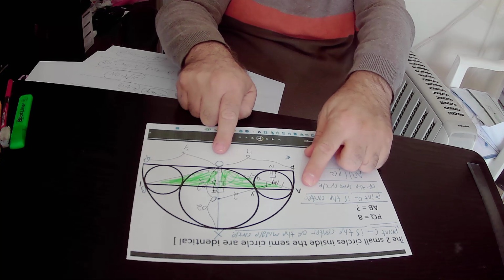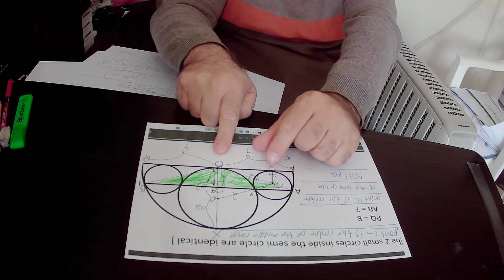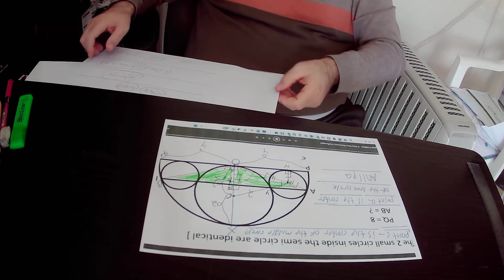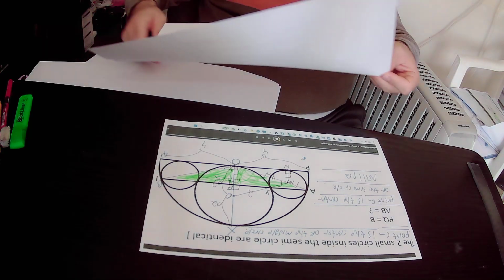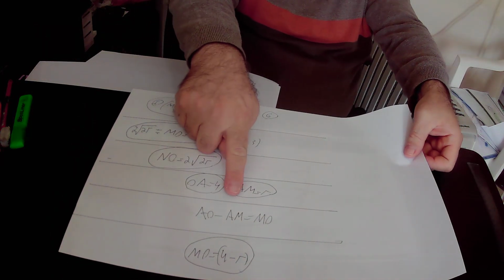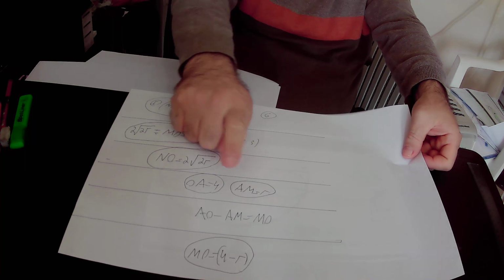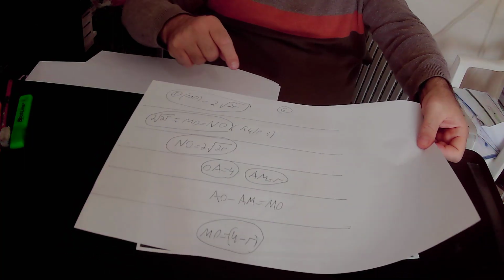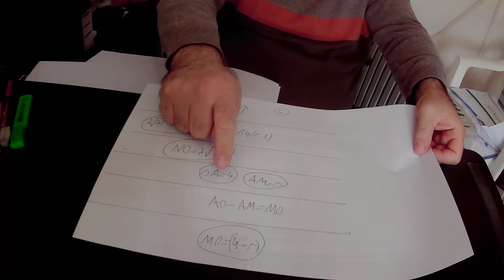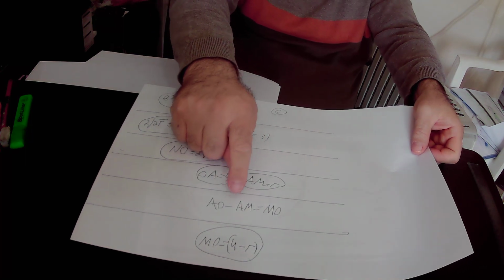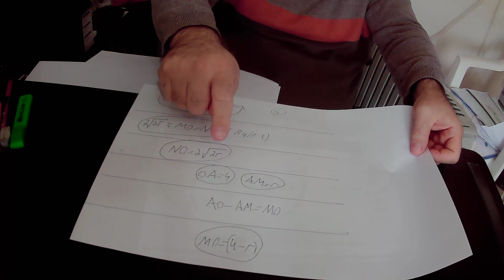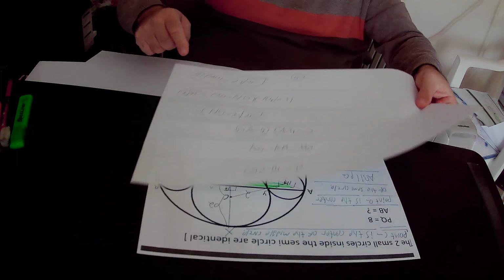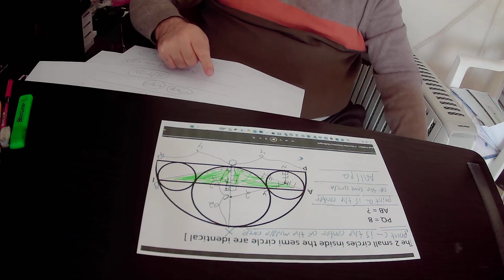So OA minus MA, or AM, equals MO. You can see it from the drawing. OA equals 4 units, AM equals R. So in total we get that OM equals 4 minus R.